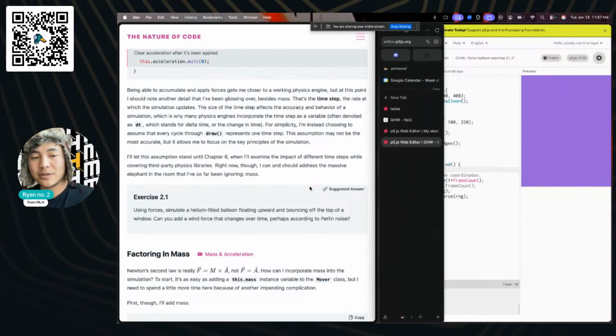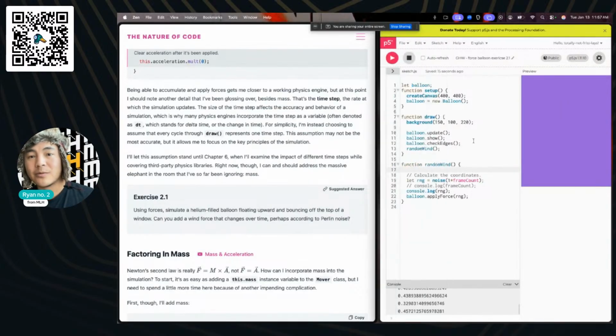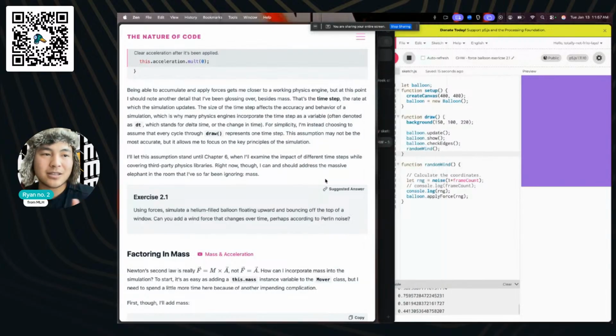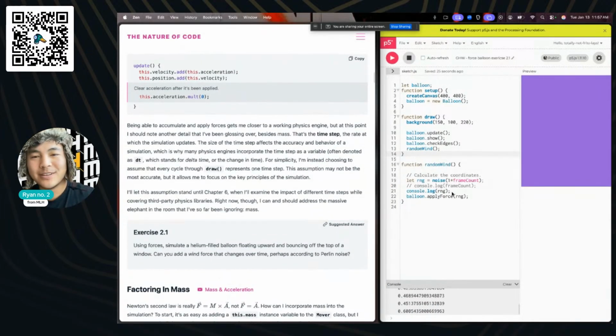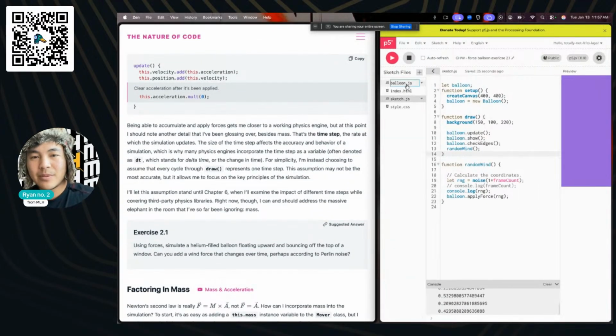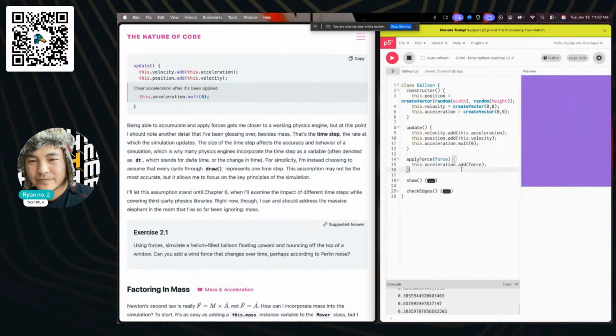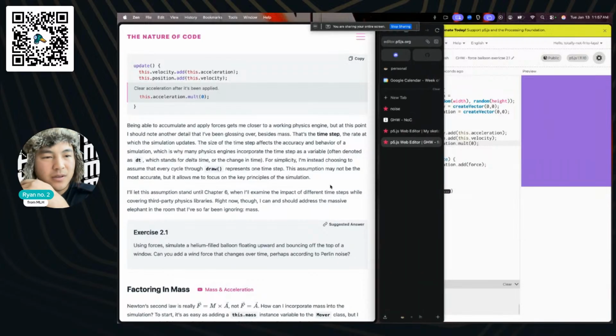And that was one of the really big things that the textbook was trying to cover. So let's pop back over to Balloon.js. We do actually have the function where we clear the acceleration after each update. So why is it that we keep on moving?